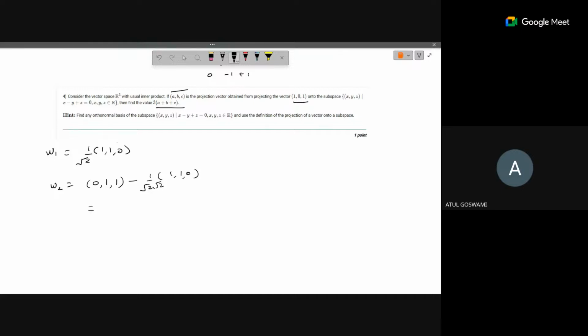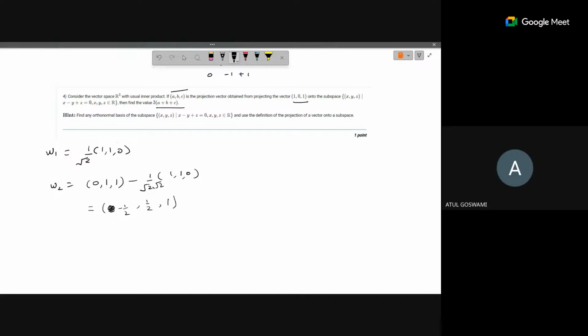So this is 1 by 2, 1 by 2, and we'll subtract this from this, so we'll get 0 minus 1 by 2, that is minus 1 by 2, comma 1 minus 1 by 2, which is 1 by 2, and 1 minus 0, which is 1. So we can remove this 0. Minus 1 by 2, 1 by 2, and 1.